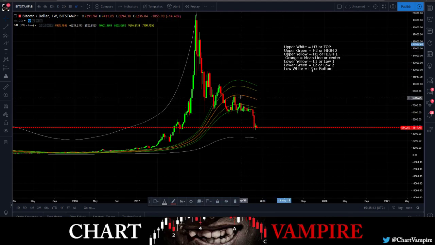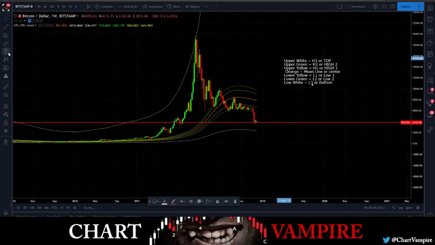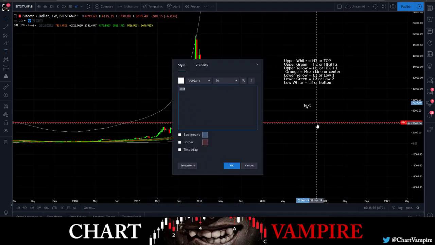Now, how this works is the price action always wants to find the dynamic tops or the bottom, right? So PA, which equals price action, wants to find the dynamic tops and bottoms.